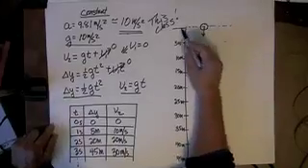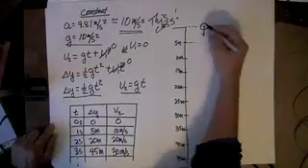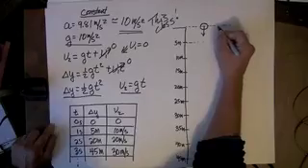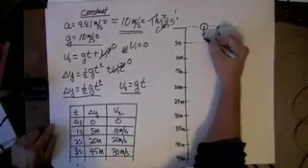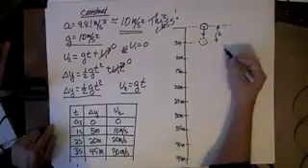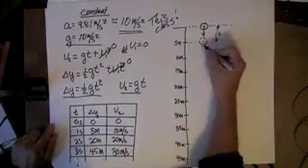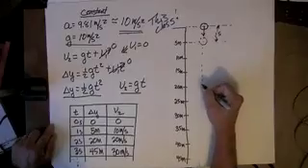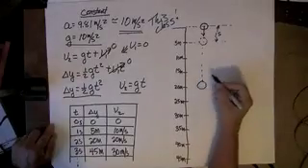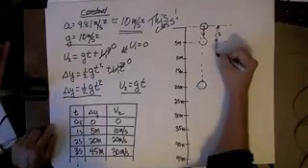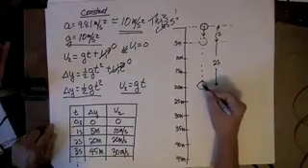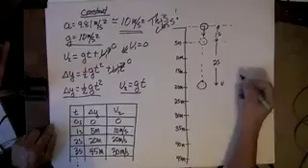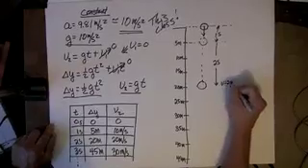So let's come over here now to this graph. After 1 second, our ball has fallen to here. It's dropped 5 meters. After 2 seconds, it's dropped to here, and it's going at a speed of 20 meters per second.